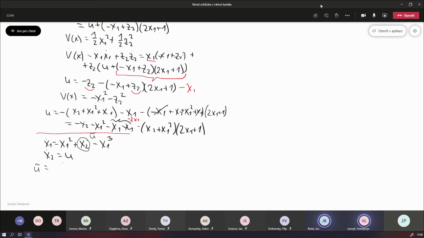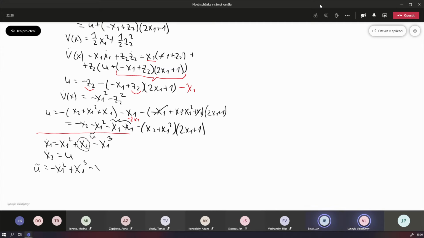Well, can we, for example, say that u wave is equal to x1 minus x1 squared plus x1 to the third power minus x1 to make it into a linear equation? Sorry, minus and minus.